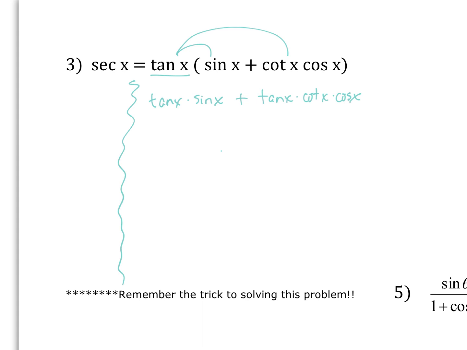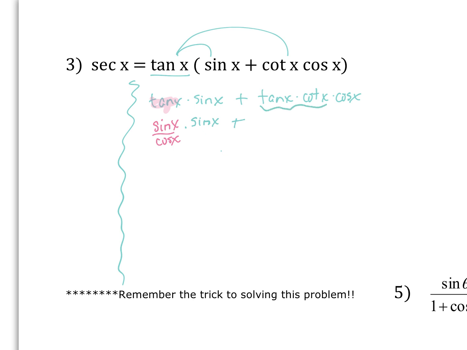So this tan x, I'm going to rewrite as sine x over cosine x times the sine x plus, I noticed that tan x times cotangent x is just 1.